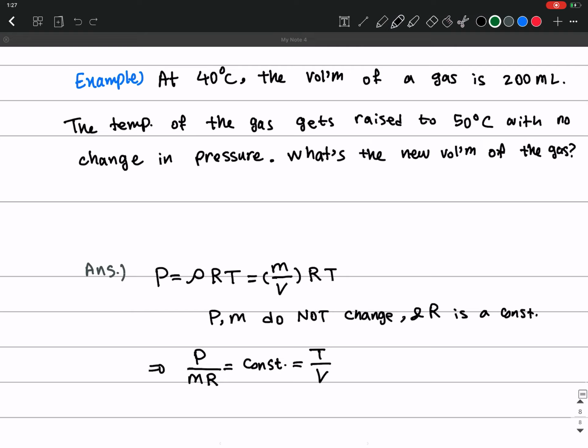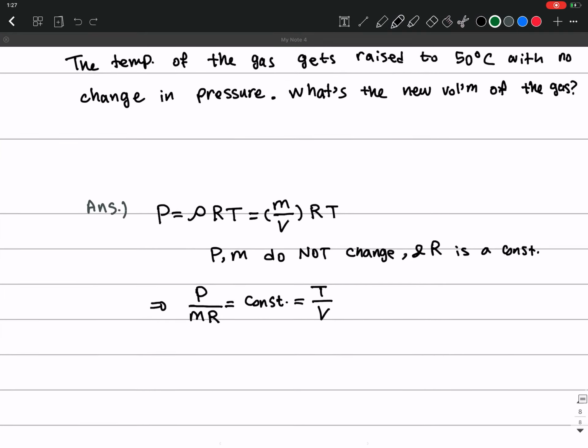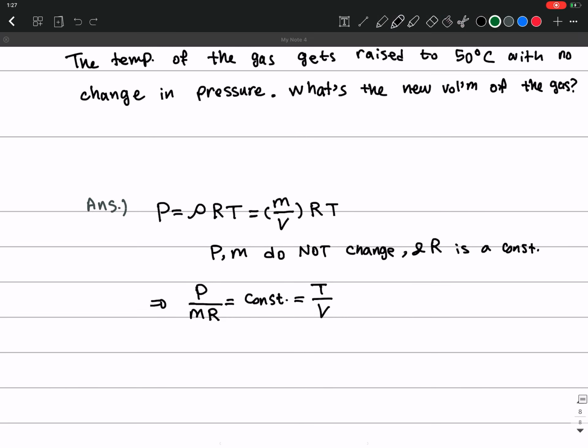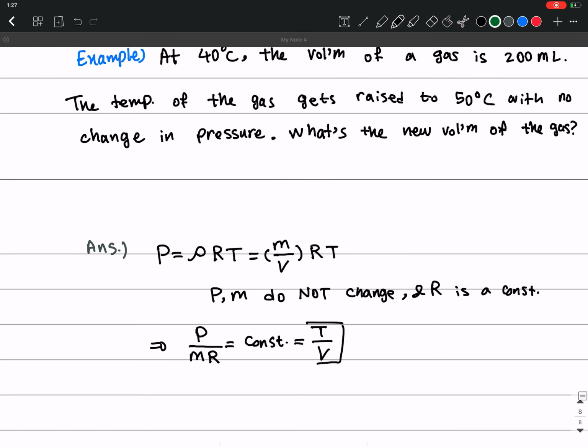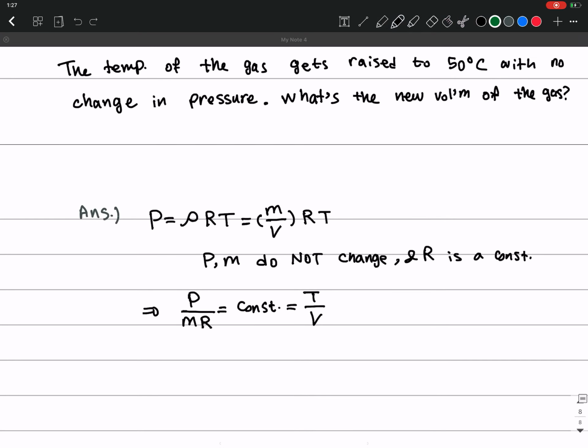So for these two states, one before at 40 degrees and one at 50 degrees, I can write this. Because this is constant, I can write the first T1 over V1 should be equal to P over MR, which is constant, and this should equal T2 over V2, correct?